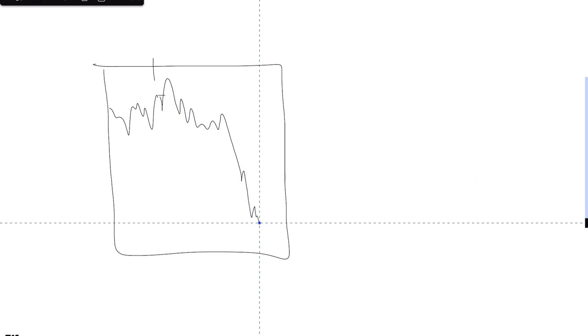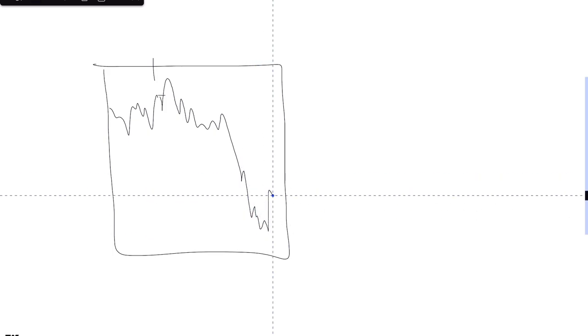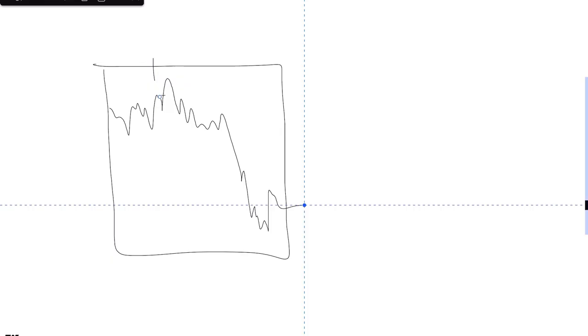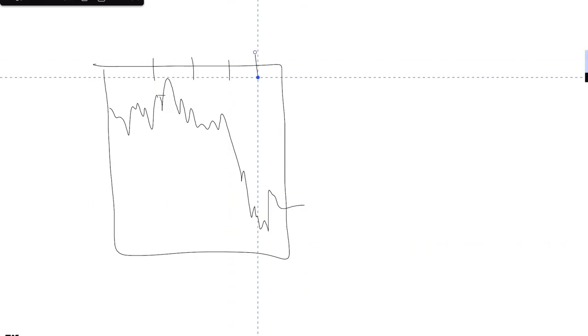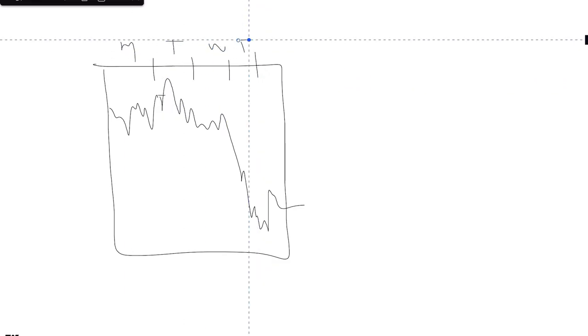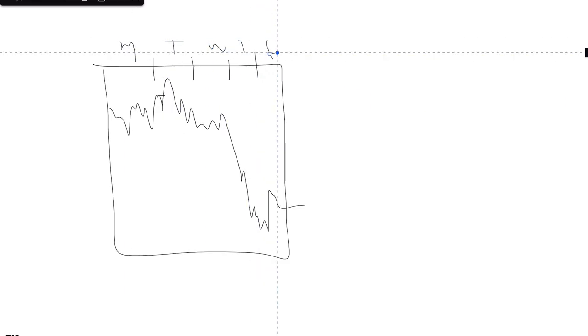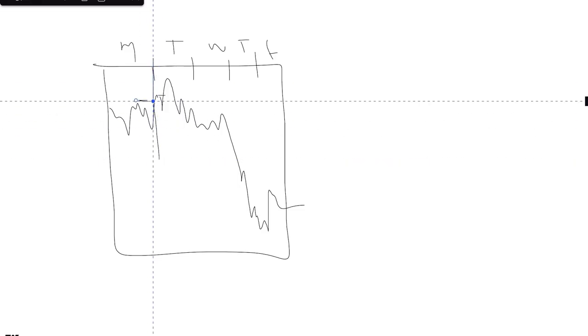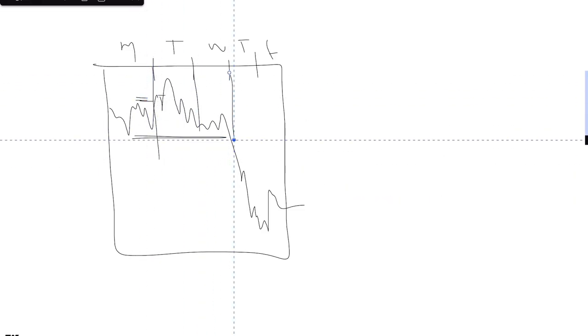Thursday jumps around, and then Friday marks the low of the week. Now what's happening here is Monday, Tuesday, Wednesday, Thursday, and Friday, right? All that's happening here is candle 1, 2, and 3.